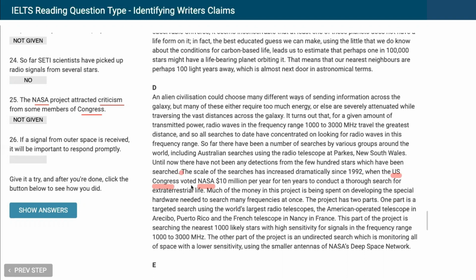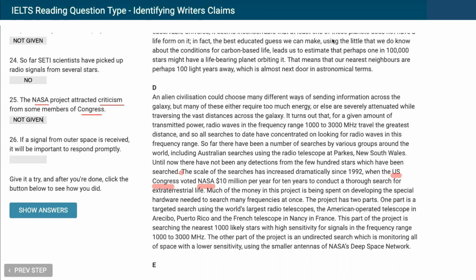But then again, we don't want to use this outside knowledge. We don't know if $10 million per year for 10 years is a lot for US Congress, or not enough. Nothing is stated in this text, and we do not want to use outside knowledge. Don't even think about that. The fact that criticism is not included here and nothing contradicts that information, let's just stick with not given.